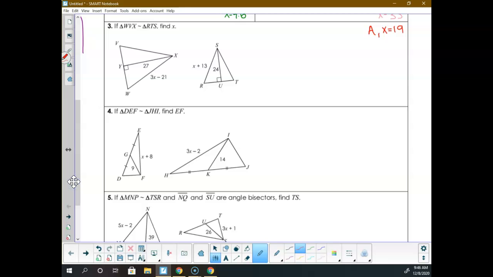This one right here is medians, and X equals 10, but make sure you go in and plug it in for EF. And then this last one down here is angle bisectors, and X is 7. But again, gotta go back and plug it in.